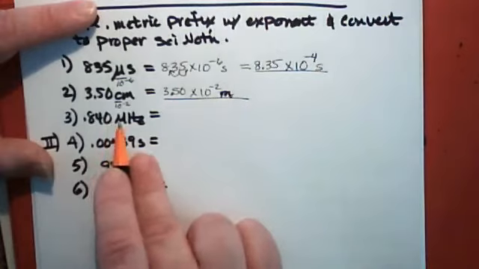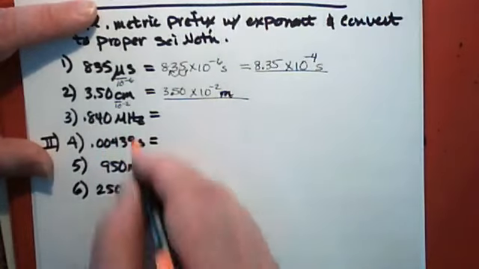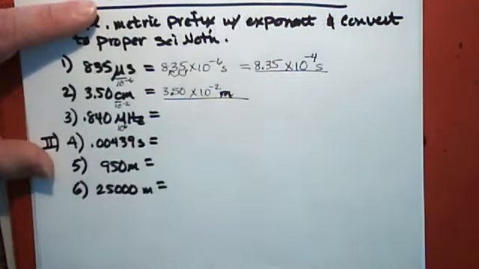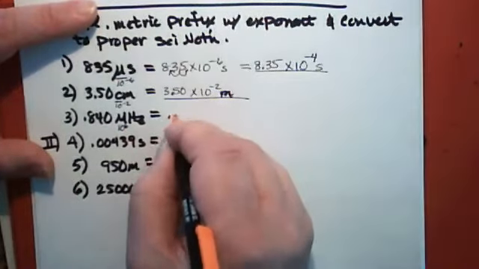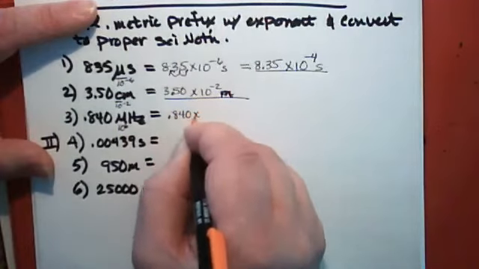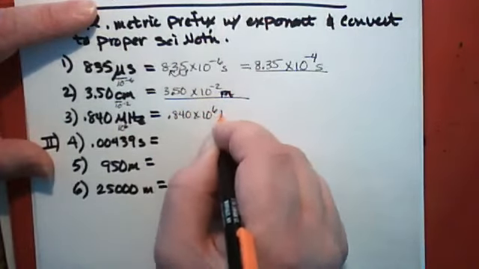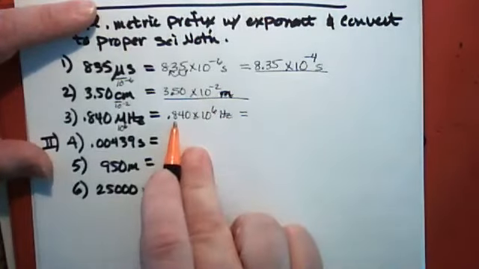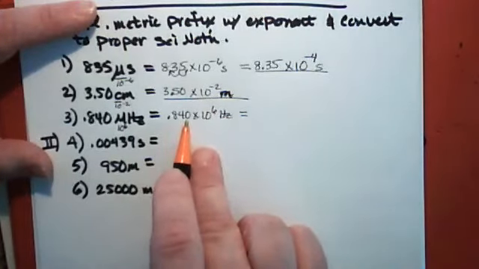We have 0.840 megahertz. Remember, mega is 10 to the 6th. So this would be equivalent to 0.840 times 10 to the 6th hertz. But 0.840 is not between 1 and 10.